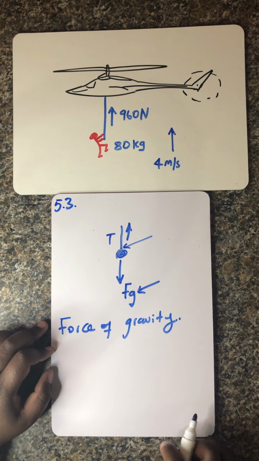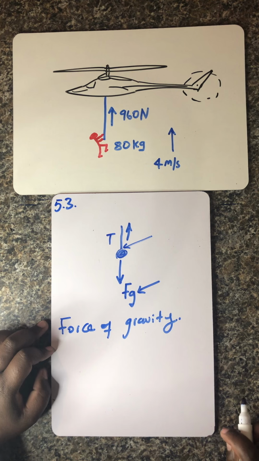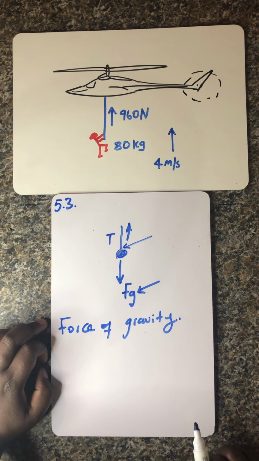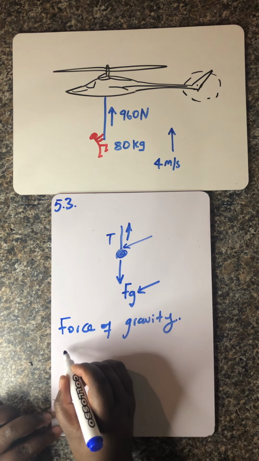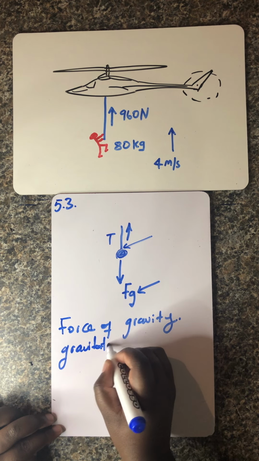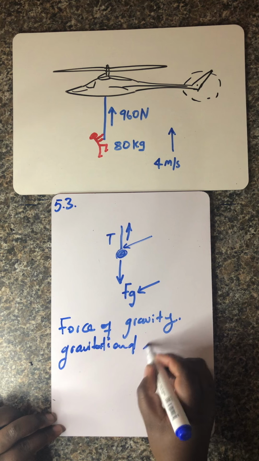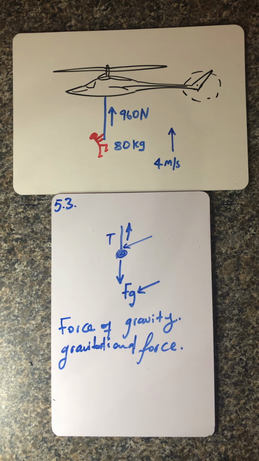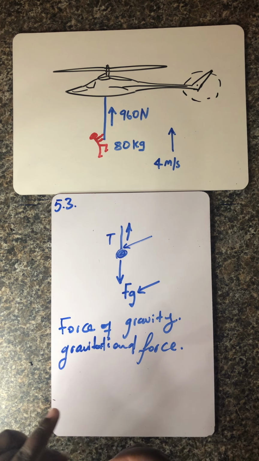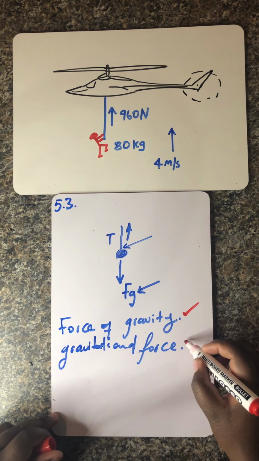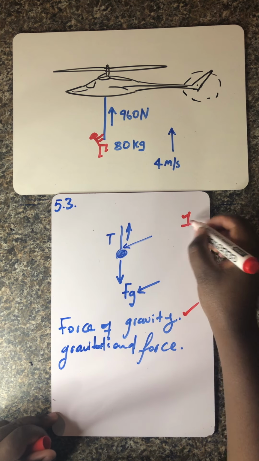This is the name of the non-contact force that is acting on that soldier during the upward lift. Again, one may say gravitational force. So you can either say force of gravity or gravitational force. You will still get a mark.